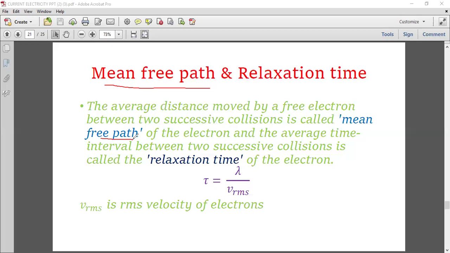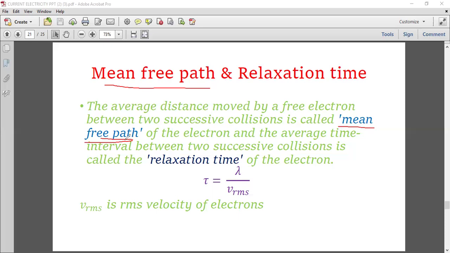But this distance may be different for the different electrons. Therefore, we find out the average distance. And this average distance depends upon the packing of atoms within the conductor, कि कंडक्टर के अंदर एटम्स कितनी क्लोजली स्पेस्ड हैं. अगर बहुत ही क्लोज हैं, then what will happen?